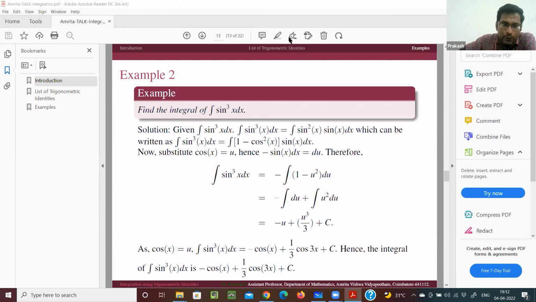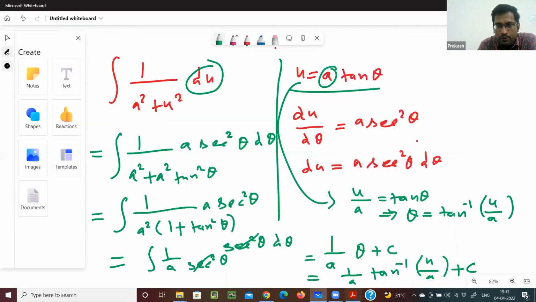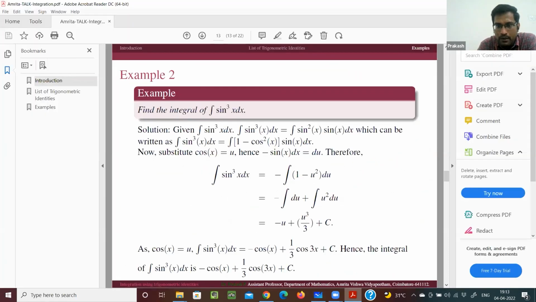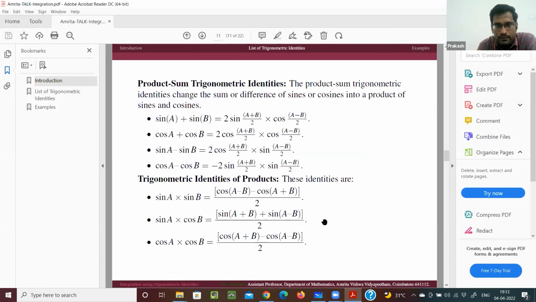Here you need to use some substitution, or otherwise the tan 2 theta formula, or the sin 2 theta formula. I think that formula is available. Did I mention that formula or not? One minute, I will check. Those types of formulas are available, but let me go to my presentation.